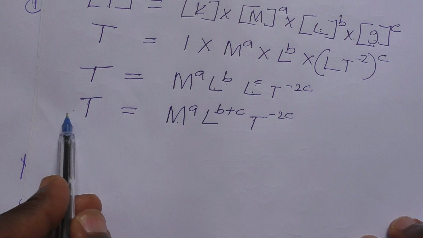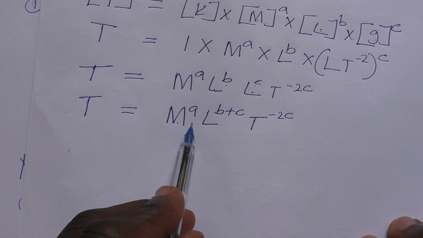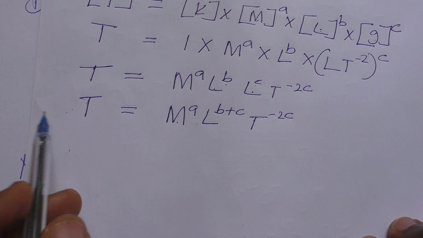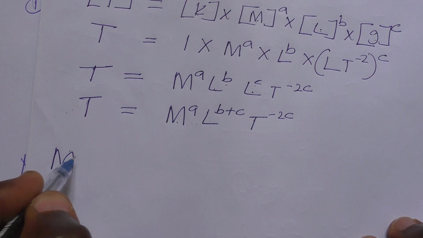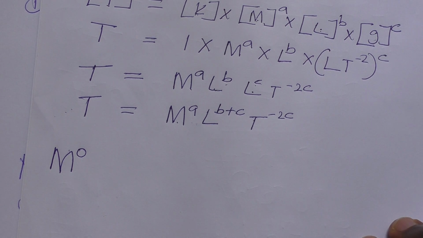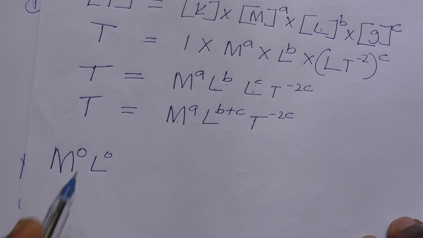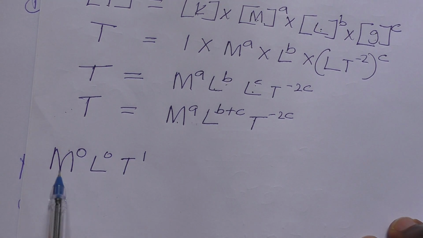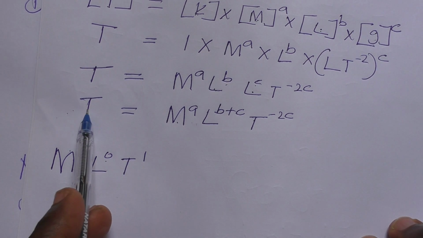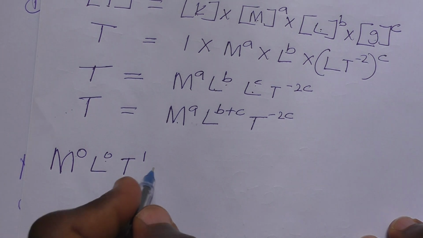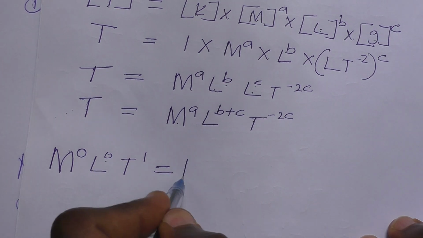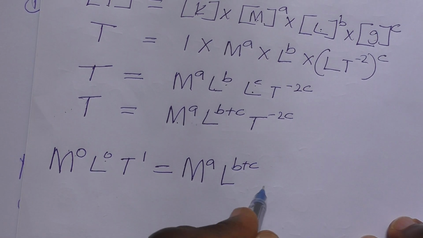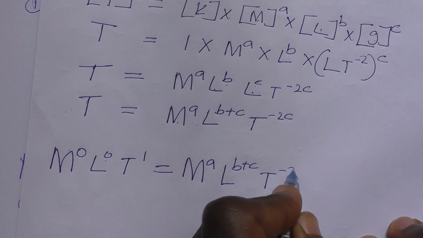That's what makes the dimensions equal. What is on this side should also be on the other side. So that means that we have mass power 0, length power 0, and time power 1. That's why these are invisible. That's why we only see time. This must be equal to mass power a, length power b plus c, time power negative 2c.